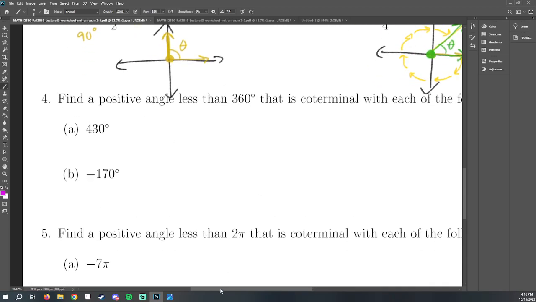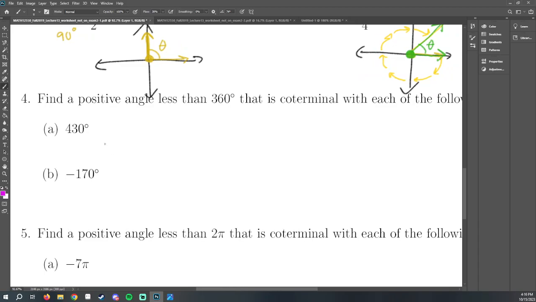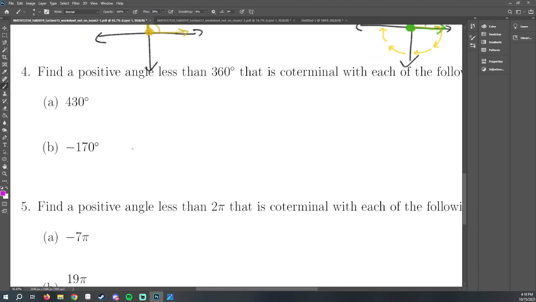Now, often I will mention, because coterminal angles are mostly considered the same thing, for many purposes we prefer to rewrite angles that are not in the range 0 is less than or equal to theta is less than or equal to 360 degrees, or 0 is less than or equal to theta is less than or equal to 2 pi.